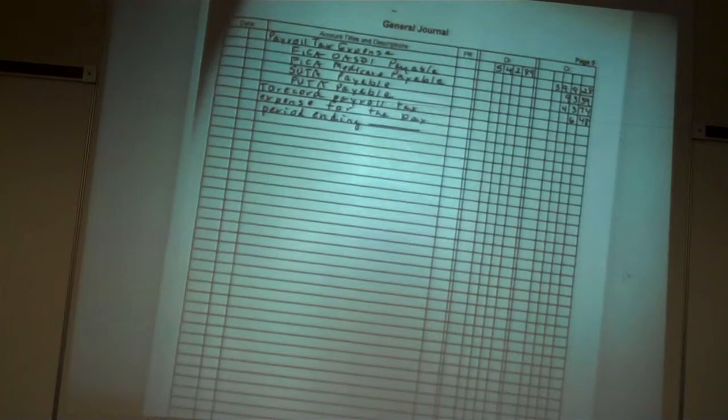Now remember, the SUTA and the FUTA do not go on the payroll register. The employee does not have to pay that. Now if you were doing payroll in your business, could you have a column for SUTA and FUTA? You really could. If you want everything there together and you want to know what numbers you use to calculate that, you could put those columns on there, but it's only the employer that has to pay it.